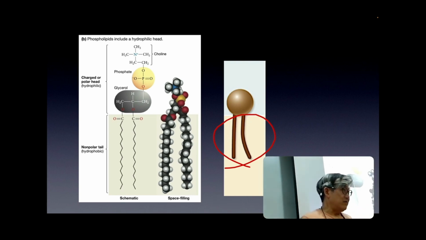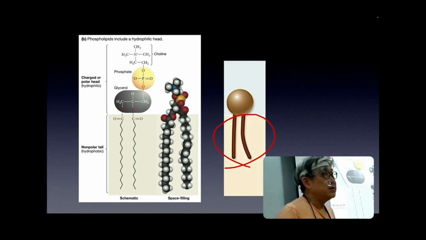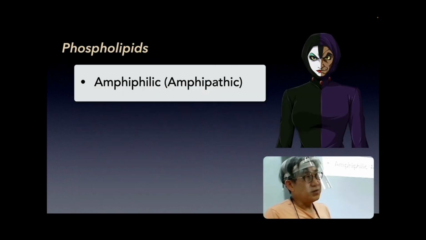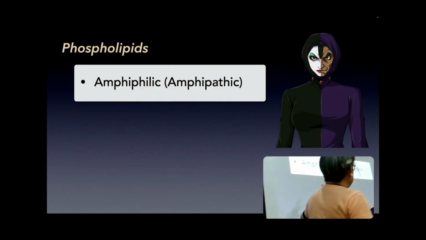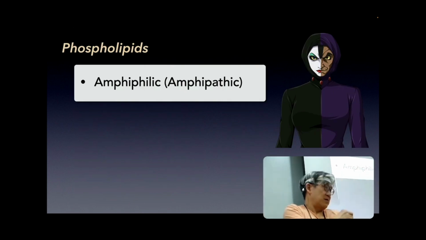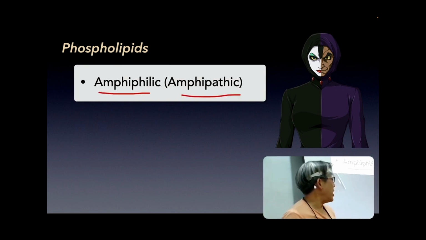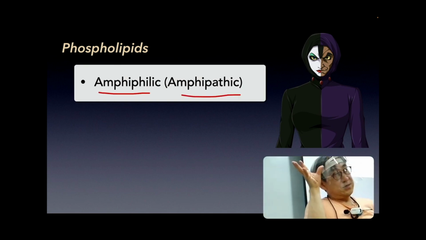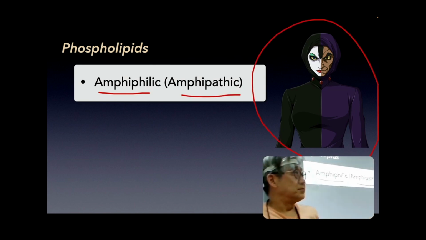Hydrophilic head and hydrophobic tail is the basic organization of any phospholipid. So this phospholipid, because of that, in its chemical property, we call amphiphilic or amphipathic, having both sides, like this guy.